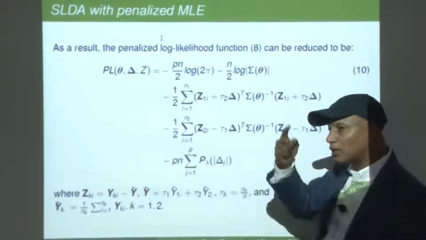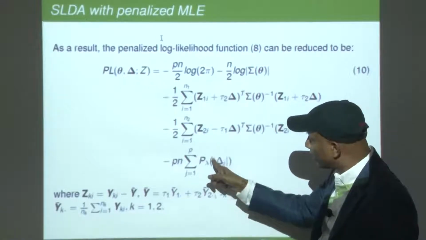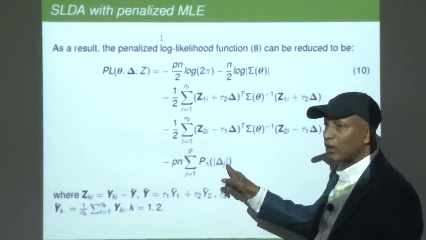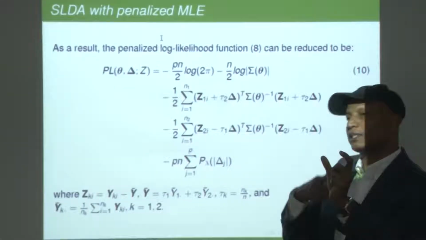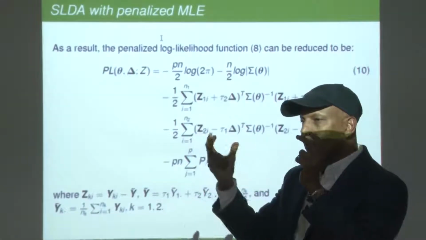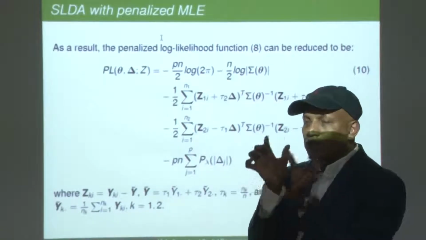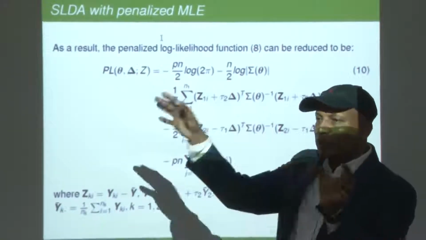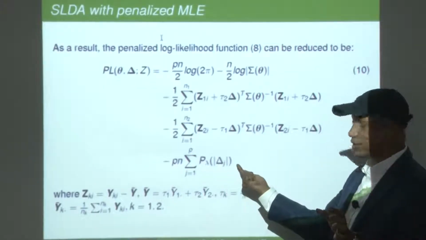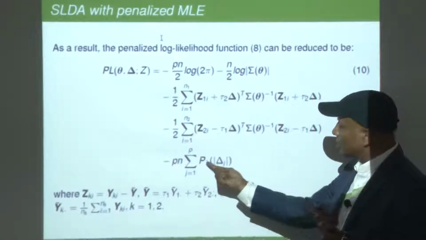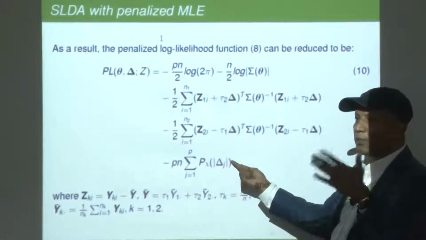And remember the lasso. We are putting a lasso type of penalty on the differences of the mean, not really the individual means. Because what is the assumption? The differences of the mean are nonzero only for some of the neurons; for most of the neurons the differences are 0. So the penalty goes on the differences. This way you are reducing the parameters heavily.